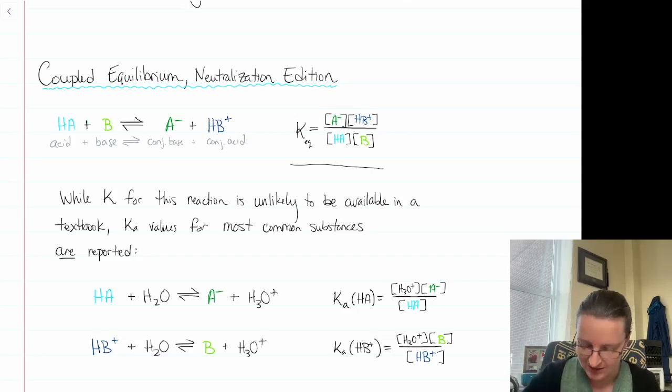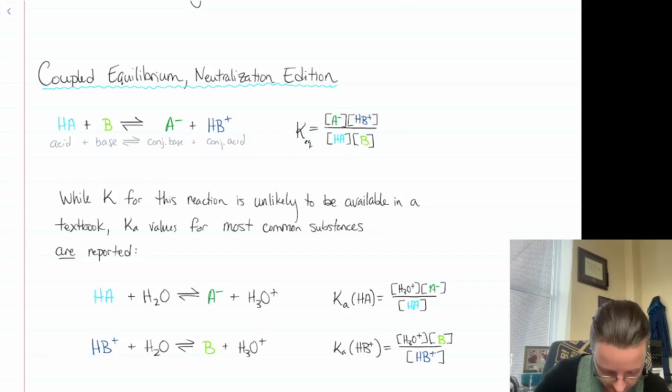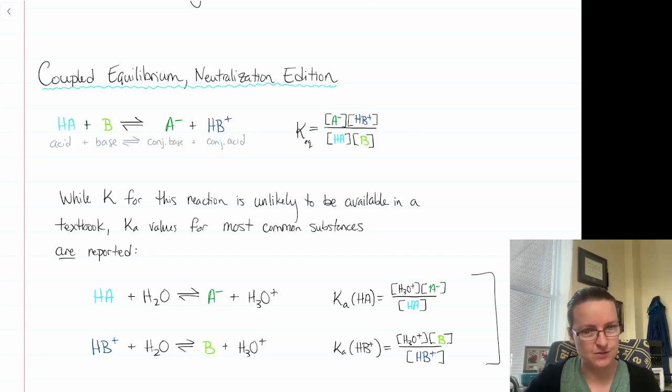And you should take a minute to confirm that this K equilibrium expression didn't come from nowhere. It's just our normal products over reactants. We don't have any coefficients, so we don't have to have any exponents. But for this K equilibrium, it looks awfully similar, almost like it's a combination of these two reactions right here and their associated K equilibrium values for these Ka expressions.